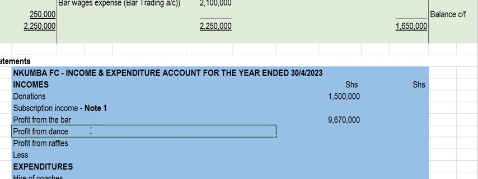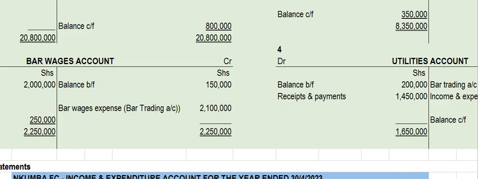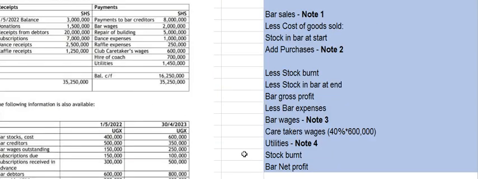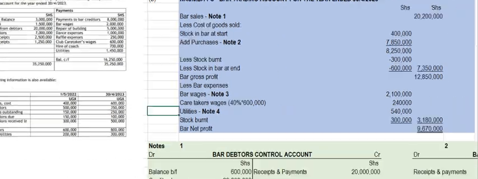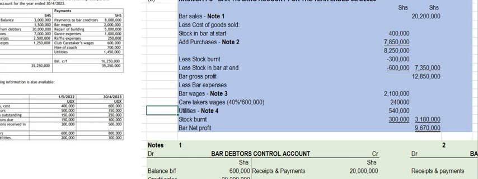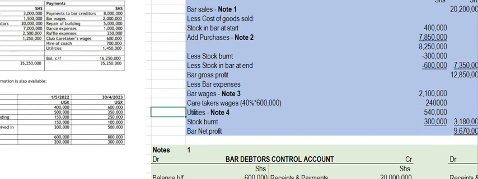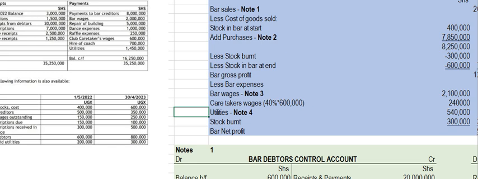Now the club organized some dances, and we see that it has dance receipts of 2.5.